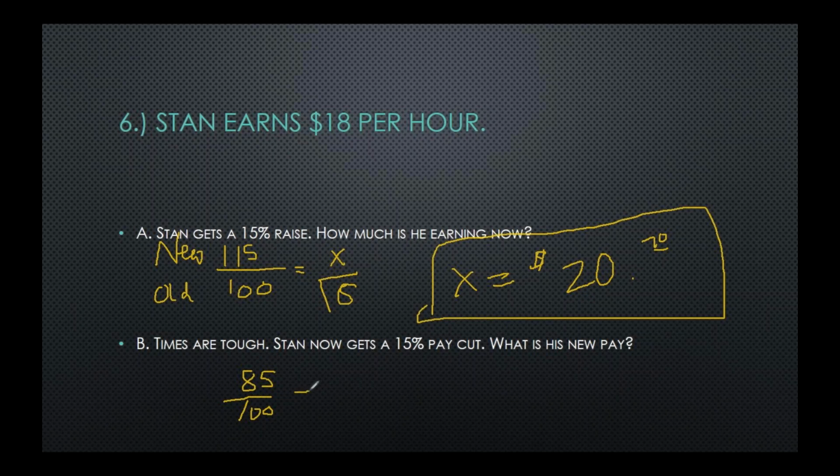Okay, so he got this new raise. He's making $20.70. Then the head of the company comes in and he says, hey, times are tough. Everybody takes a 15% pay cut. We're taking our raise back. Well, a 15% pay cut means less than 100. So his new pay is going to be 85% of what he was making, right? Well, his old pay is now $20.70.